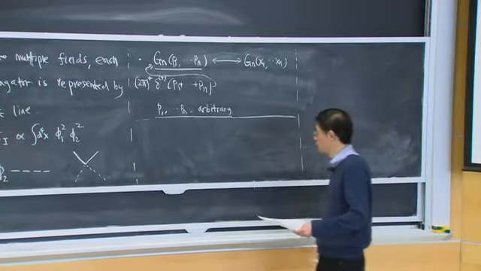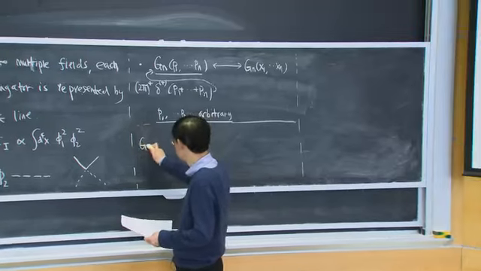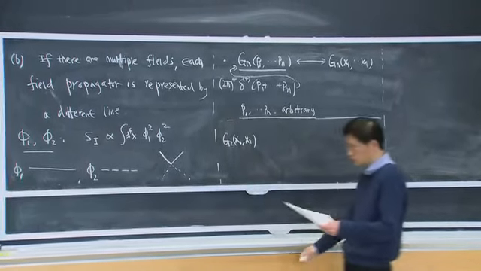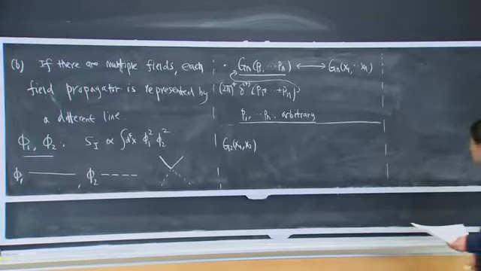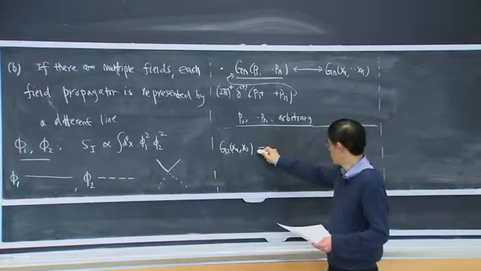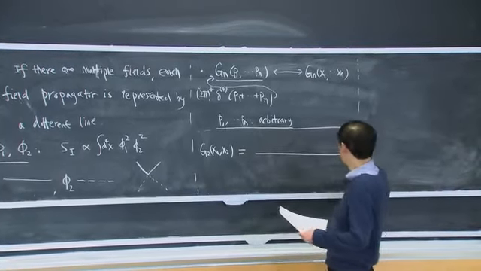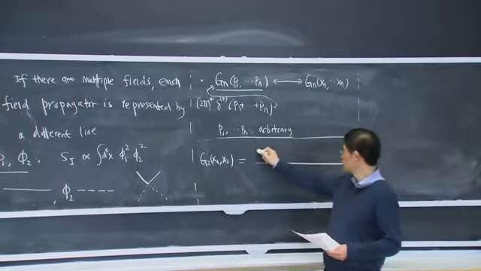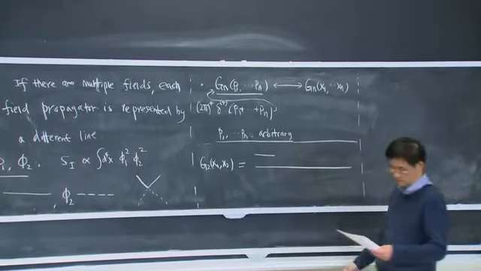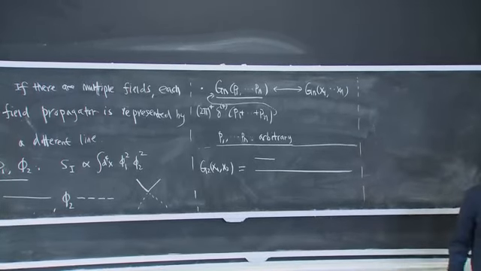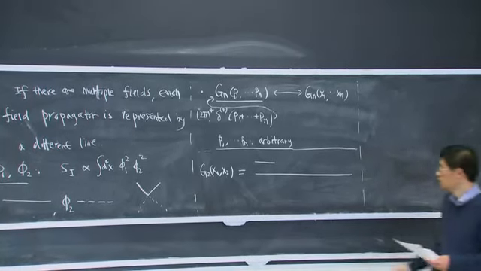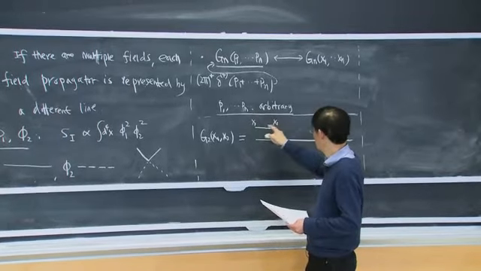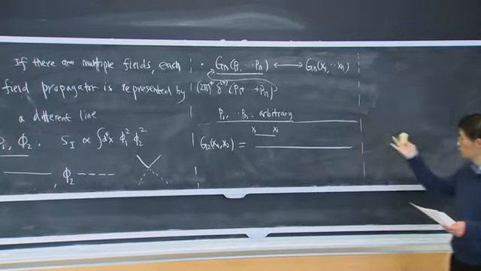For example, if we consider the 2-point function, we have the upstairs and downstairs. The upstairs, at the lowest order, you just have a single line from x1 to x2. To save effort, we will not label x1, x2 from now on.